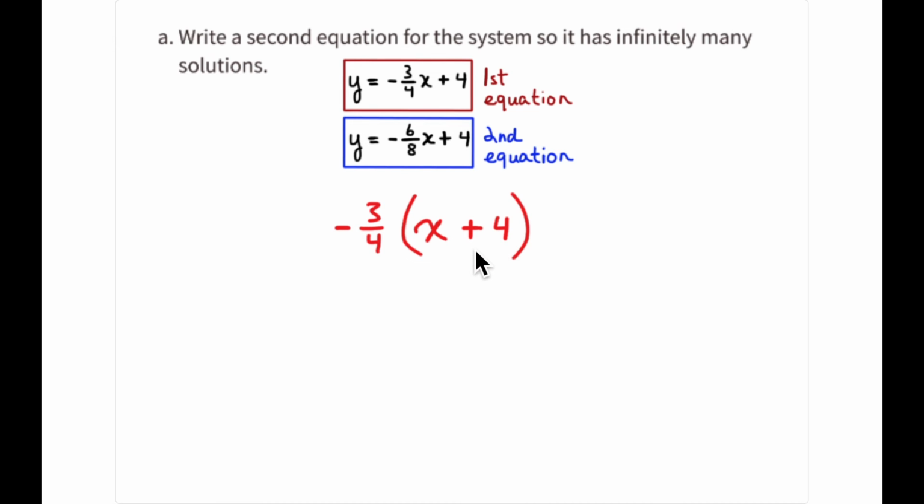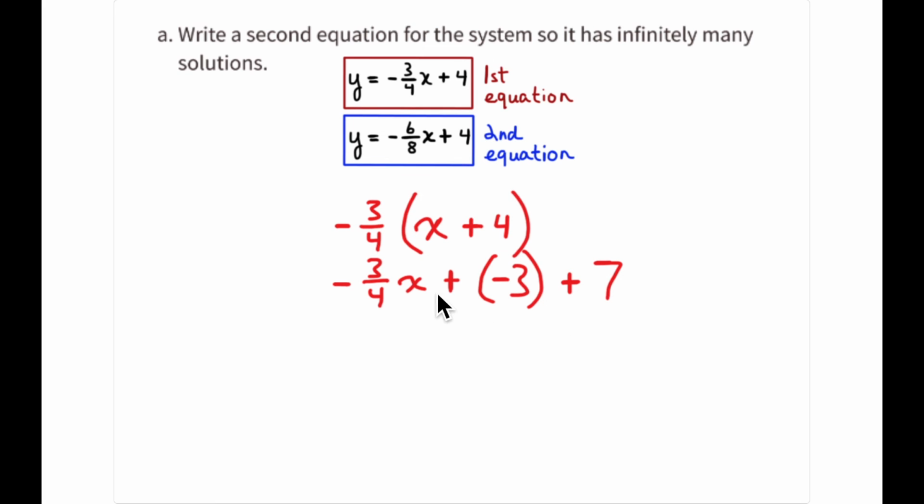So they are different. So if this part equals negative 3, what do I have to add out here to make this expression equal to this expression? Well, negative 3 plus 7 is going to equal this 4. So remember, this part right here is equal to negative 3/4 x plus negative 3. Then I have to add this 7 out here to make this whole thing equal to negative 3/4 x plus 4.